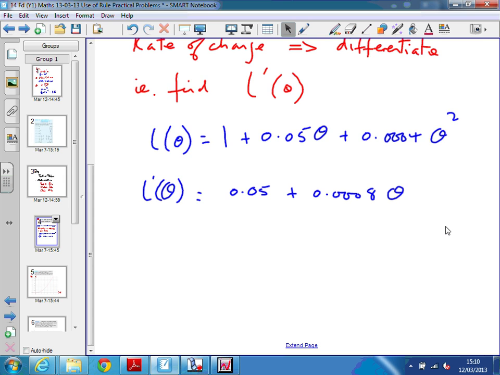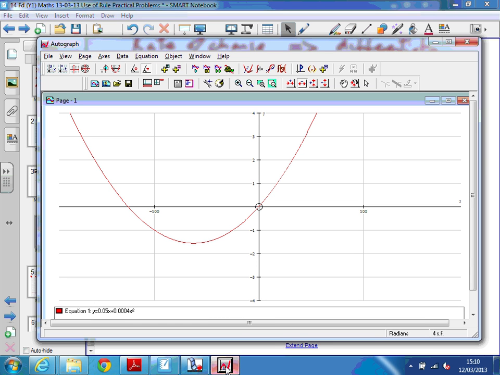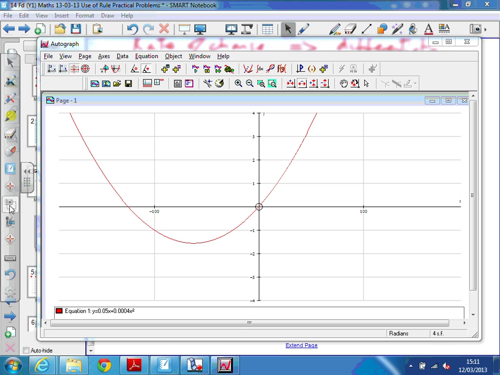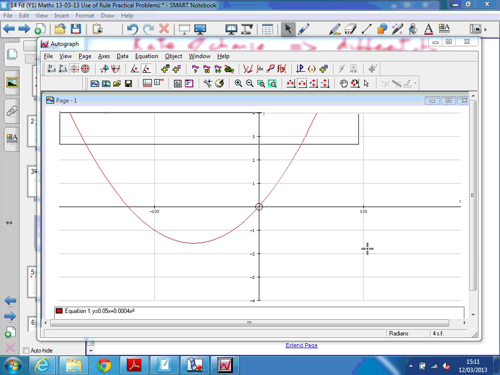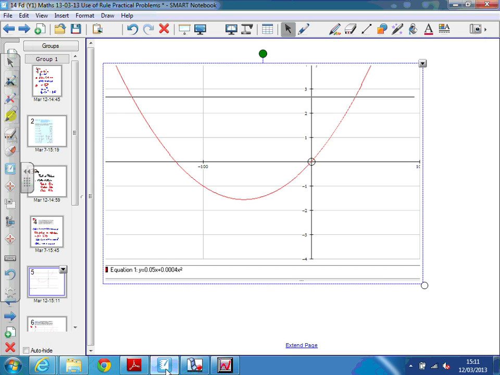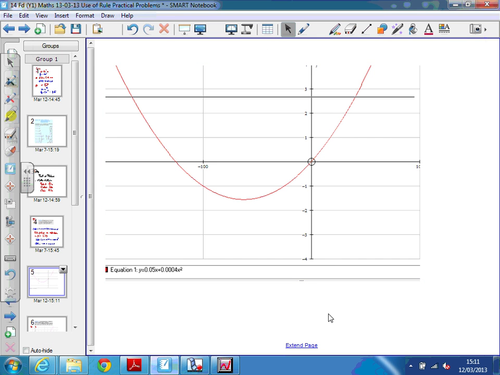If we put this function into Autograph, which I've done, here it is down here. Let's put it into our notes. So if I plot the function, that tells you the rate of change of length, so it's L up here, with temperature.